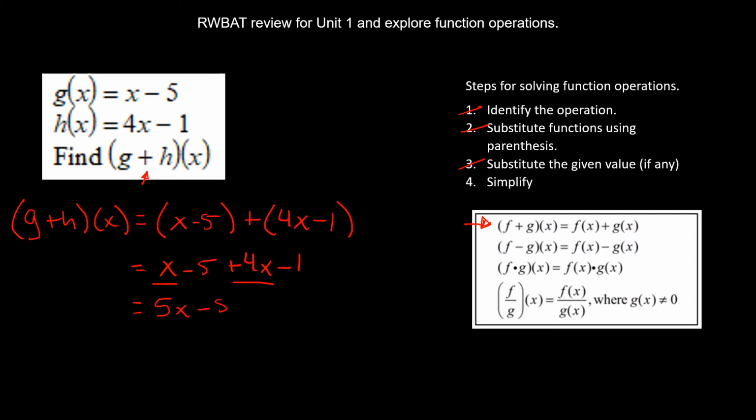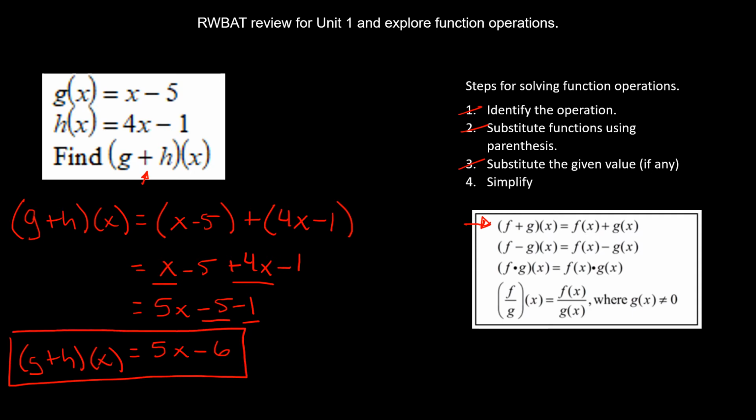Bring down the minus 5 and the minus 1. We can also combine the minus 5 and the minus 1. So we would get 5x minus 5, or negative 5 minus 1 is negative 6. And this is your g plus h of x with addition of functions. Okay?